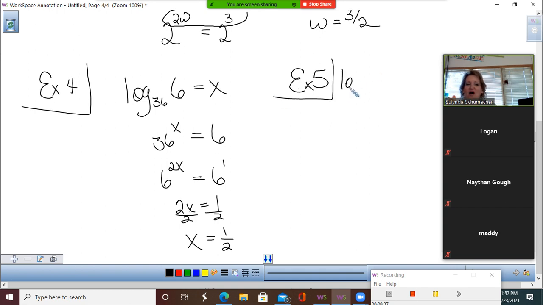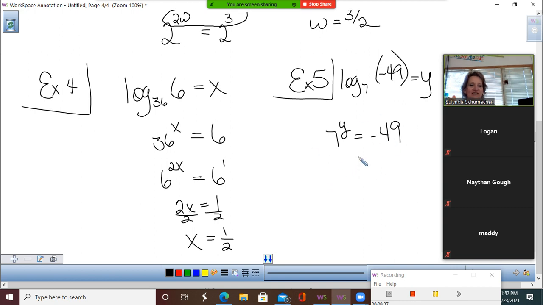If I have log base 7 of negative 49, and I want to evaluate it, I'm going to set it equal to y. Then I'm going to rewrite this as 7 to the y equals negative 49. Is there any exponent I can make that's going to make 7 a negative number? There is no way multiplying 7 times itself however many times that I'm going to get a negative number.